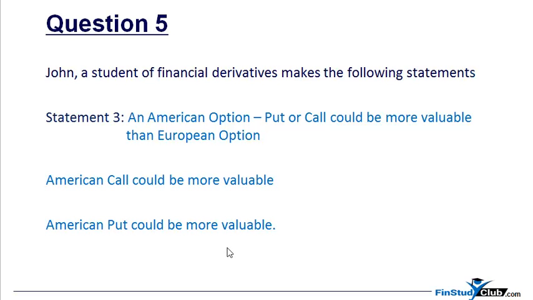Hence, when the put is deep in the money, that's when we would look to exercise the put early on, and also because it gives me the advantage of parking that much money at the prevailing interest rate for a certain period of time, maybe till the day of expiry. I can very well park the money and earn some interest income as well. So clearly, in a situation when you have a put which is deep in the money combined with a healthy, high interest rate environment, that could render an American put to be more valuable than a European put.